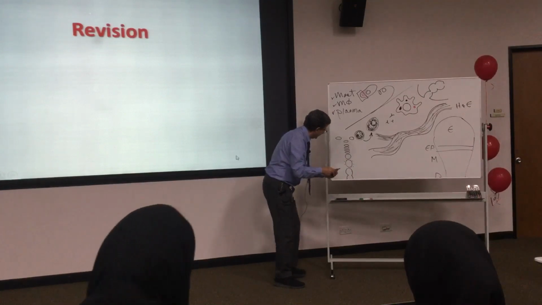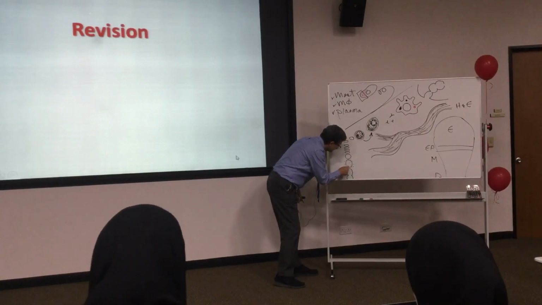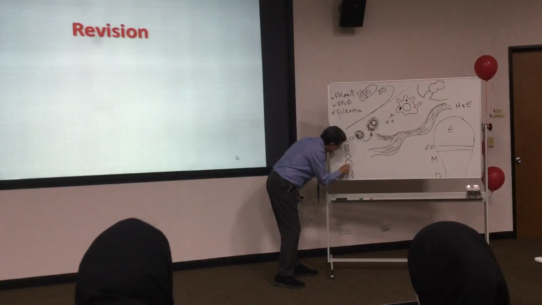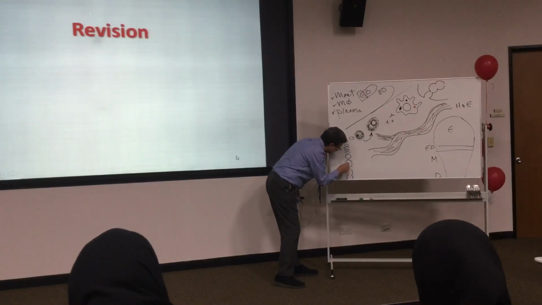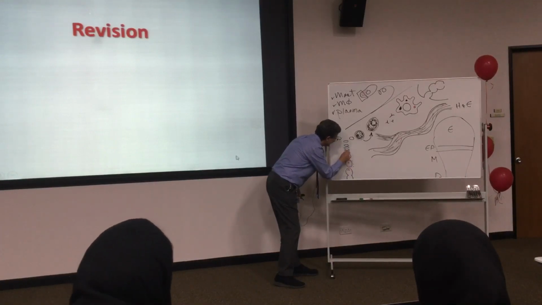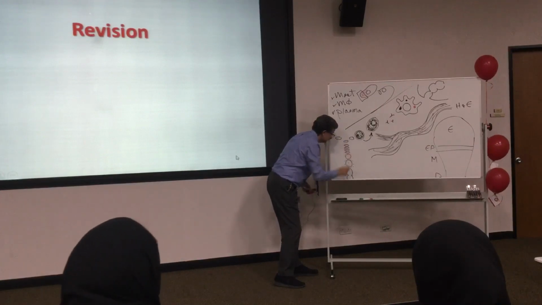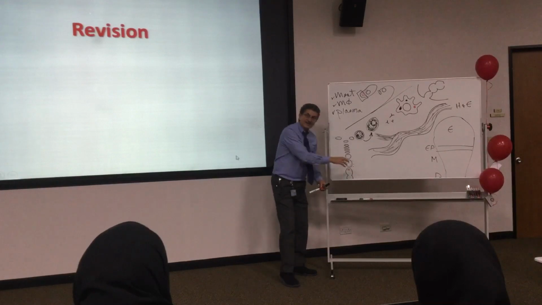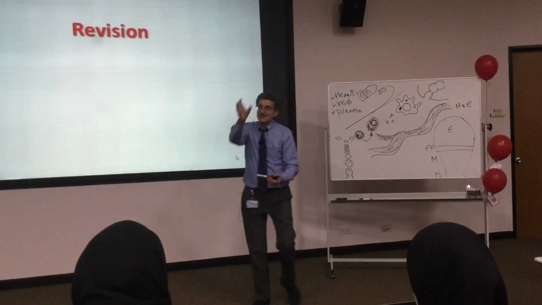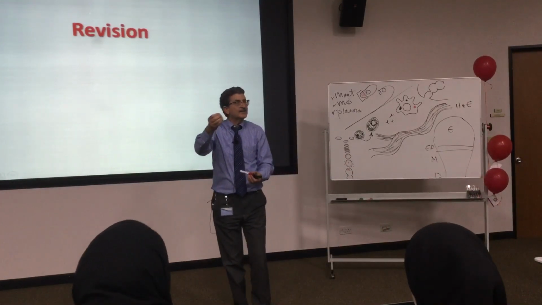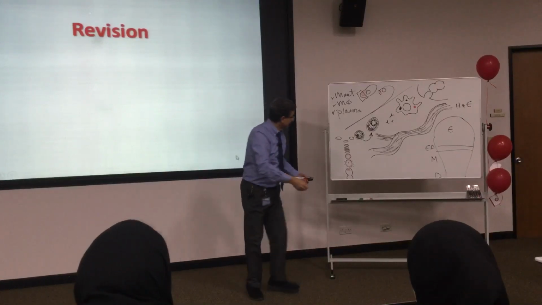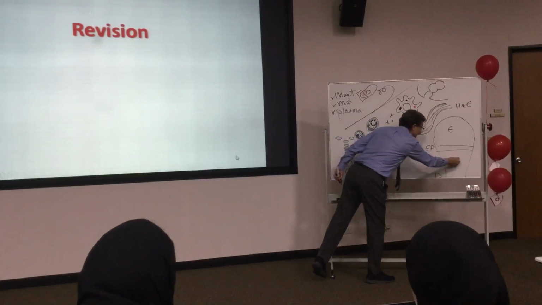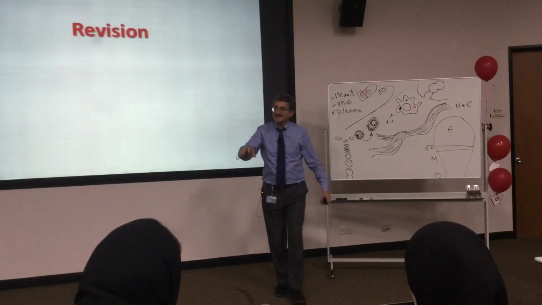Inside here you have chondrocytes, but here the chondrocyte is dead already. They call it the zone of cell death. And then what will happen with the empty space? It will be invaded by blood vessels from the metaphyseal side.